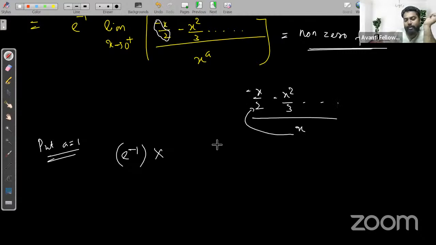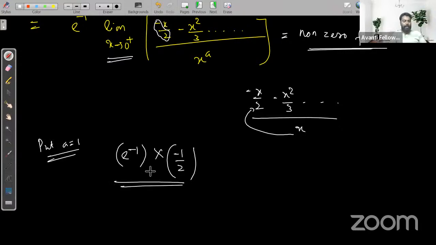When x is divided by 2, this will be -1/2. When you divide x² by 3 with x, you get x/3, and putting the limit, that is 0. So simply you are getting e to the power -1 into -1/2.